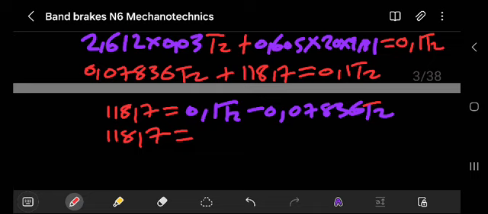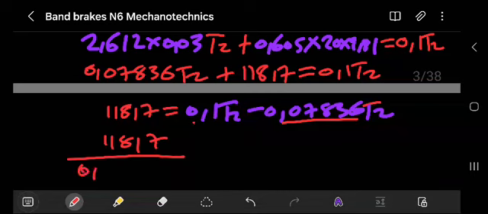Then this is the same as you add this, or you can simply divide with the same time. You can simply say here 118,7 straightforward, divide by 0,1 minus 0,07836.